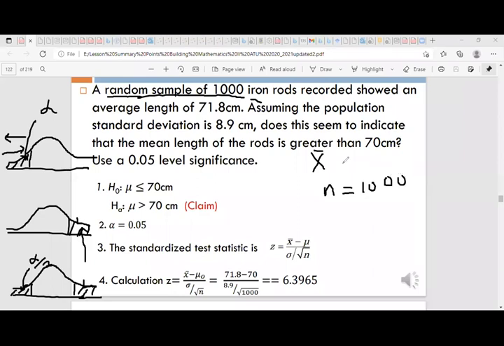And then your sample mean is what? 71.8 centimeters. Then we are being told, assuming the population standard deviation. So here in the question, you've been provided with the population standard deviation, sigma, which is 8.9 centimeters.